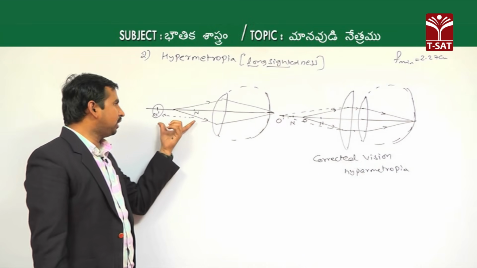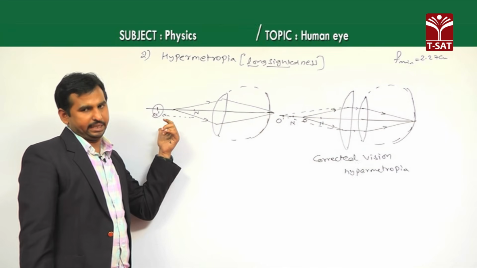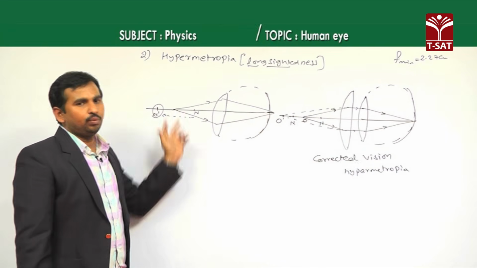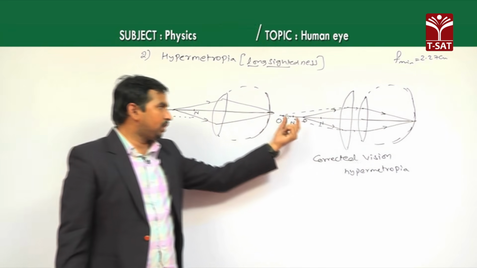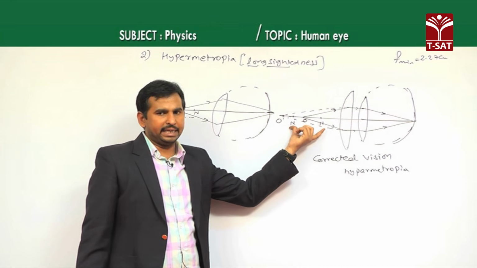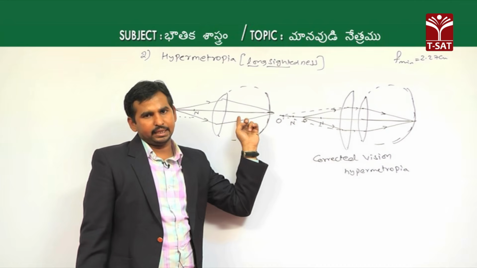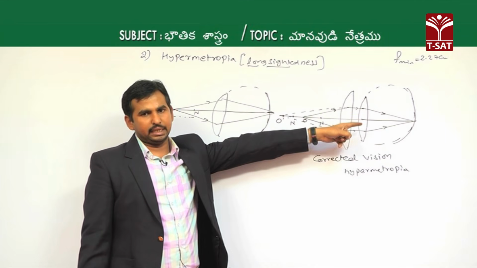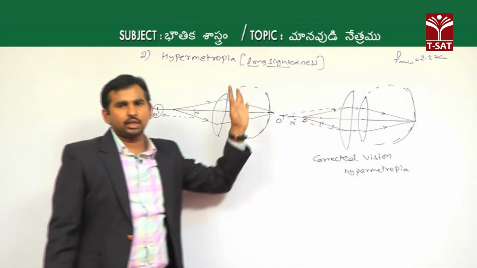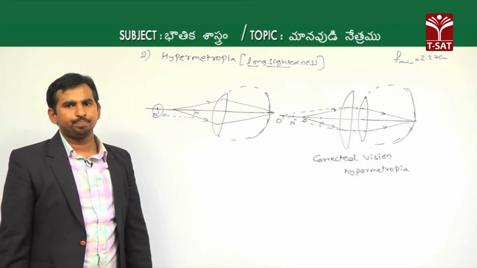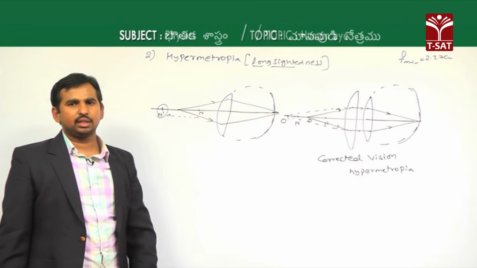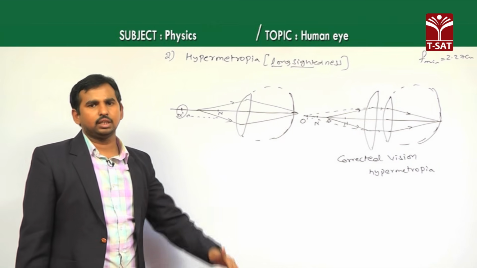The problem is coming only if the object is in between n and n dash. So, we are making the object which is in between n and n dash to be after n dash by using a convex lens. That is the correction for hypermetropia. But what is the focal length required for that convex lens? That we are seeing now.